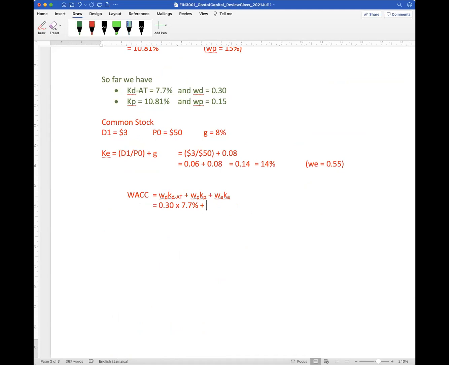Weight of preferred stock 0.15 times 10.81%. And last but not least, we have 0.55 times 14%.